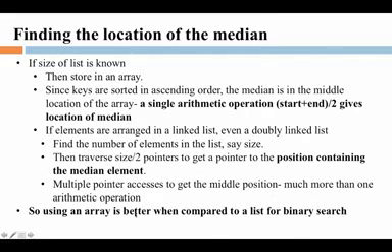So therefore, using an array is better when compared to the list for binary search. Now this is a qualitative statement. What we will do in our program is to write the code in a very careful fashion and run it, and we will see the output, and it will give us a proof that our qualitative interpretation is indeed justified.